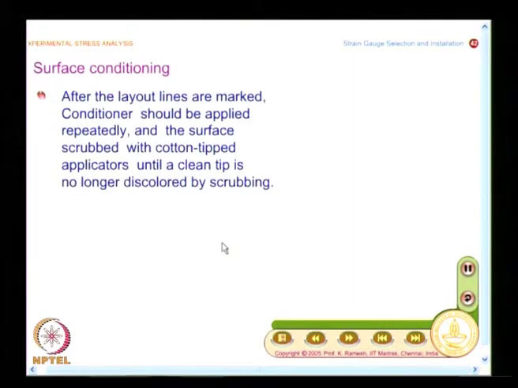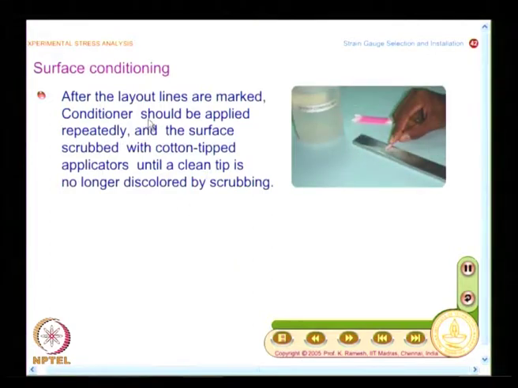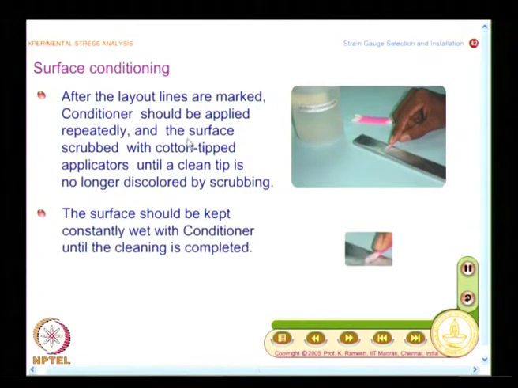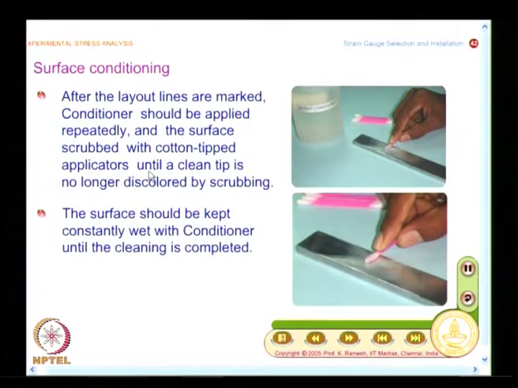And once you put the graphite line, you need to remove that carbon. So, you apply conditioner and use cotton tipped applicators until a clean tip is no longer discolored by scrubbing. And here again you should maintain the surface constantly wet with conditioner until the cleaning is completed, because you do not want to allow the conditioner to evaporate.